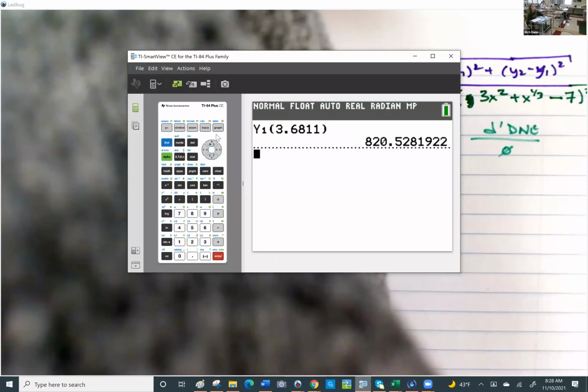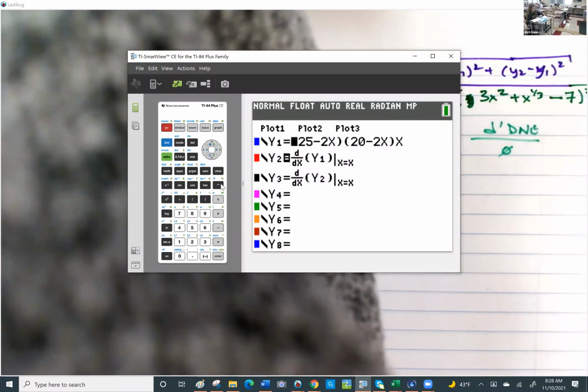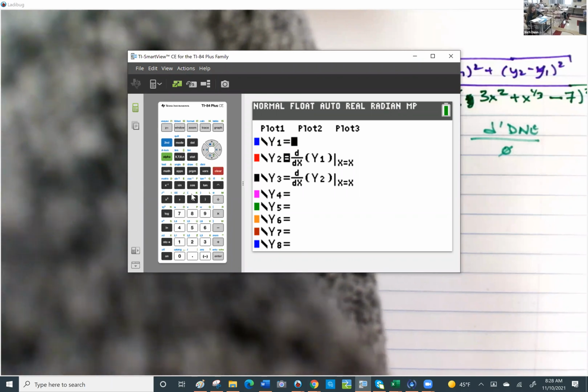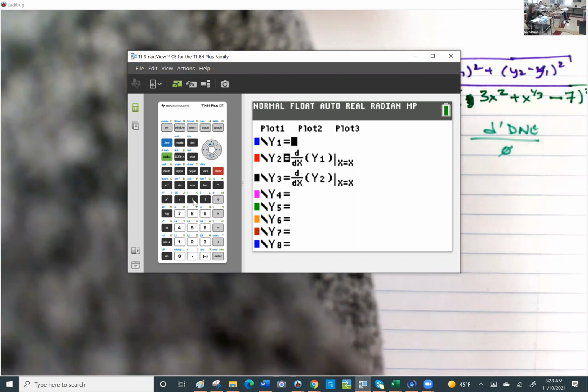Since you guys again need a little practice here, let's get rid of all that. I'll just put this all in parentheses.